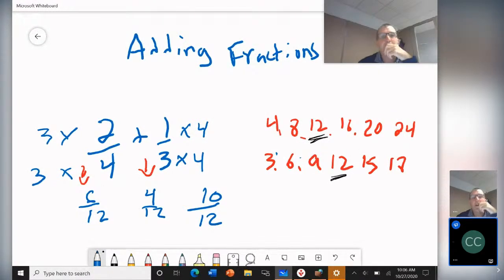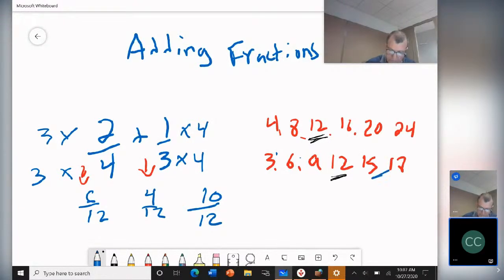Whenever we're adding or even subtracting, you guys, subtraction would be the exact same thing. We can do a subtraction right now, but it's basically the exact same thing.